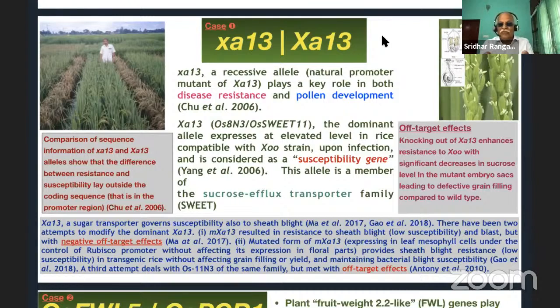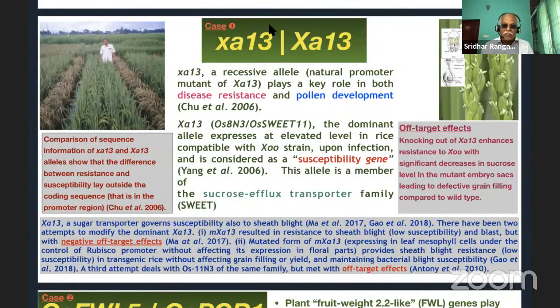When you modify and mutate it in the laboratory and use it for resistance, it loses the activity of making sugars available for pollens to develop. That means your grain formation will be affected and the yield of the plant ultimately will get reduced.